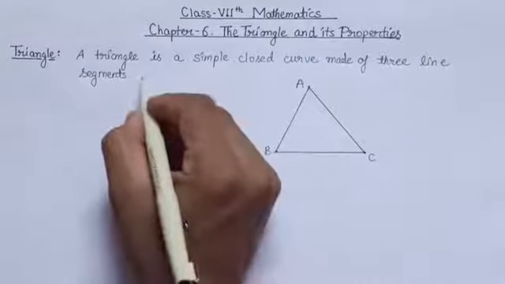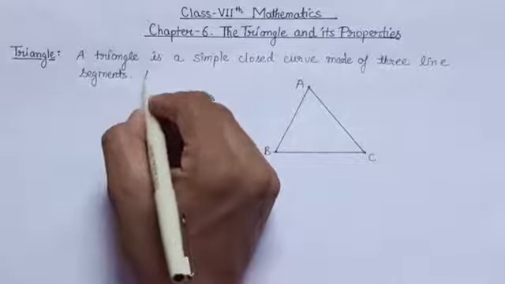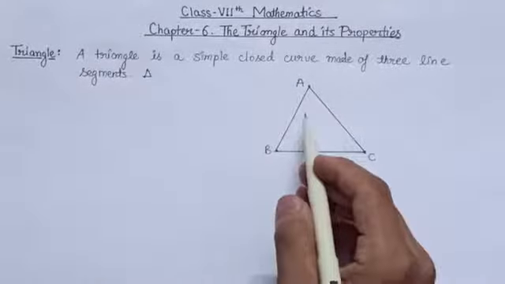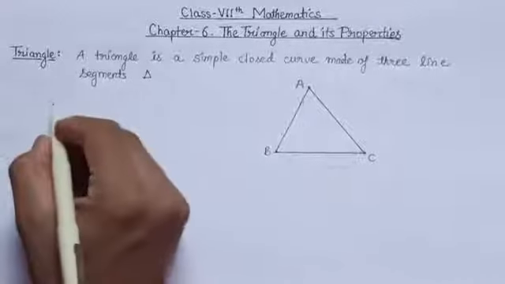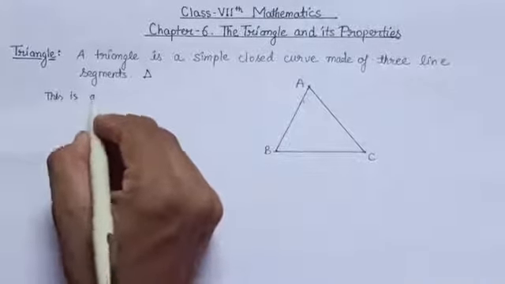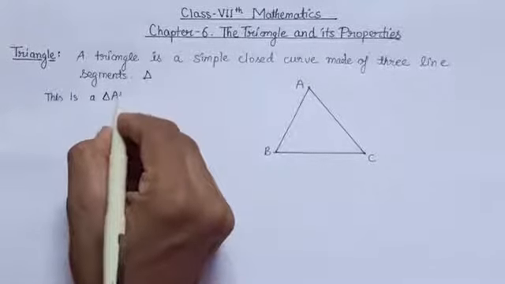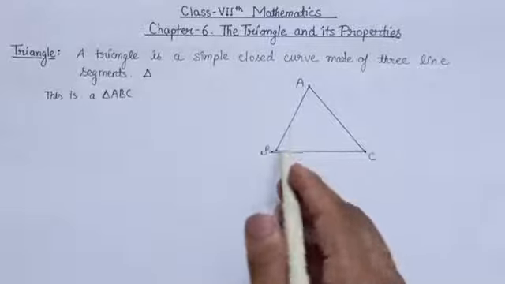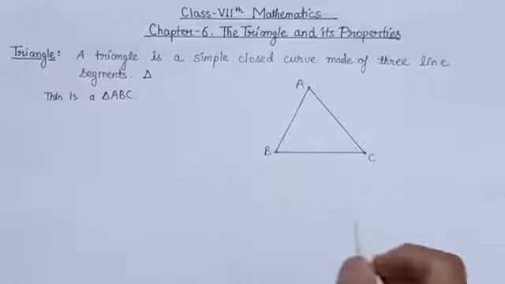A triangle is denoted by this symbol. So here we can say that this is triangle ABC. Now let us learn some important points regarding this triangle.